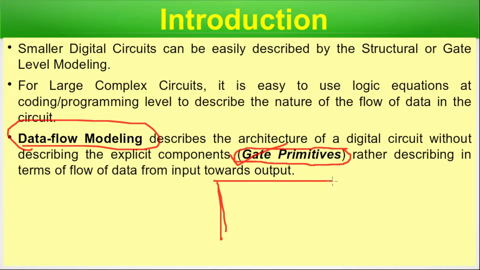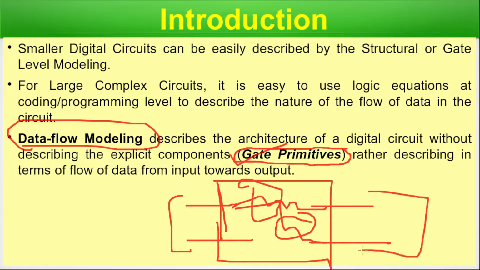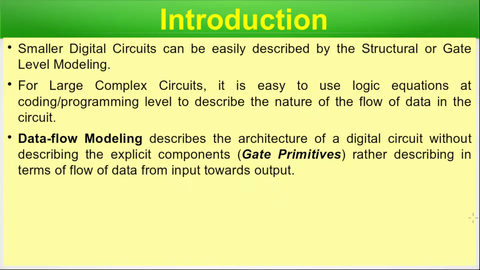That means this is a circuit and we have inputs and outputs, and data will flow through the circuitry towards this point or towards this point. So there will be a lot of circuitry here. All these equations which will help the data to propagate from the input port towards the output port is the technique called data flow modeling. And here we refrain from expressing the exact digital circuit with explicit components.